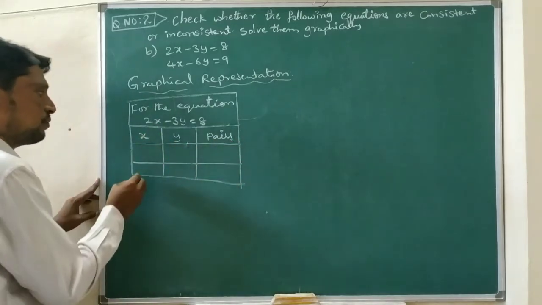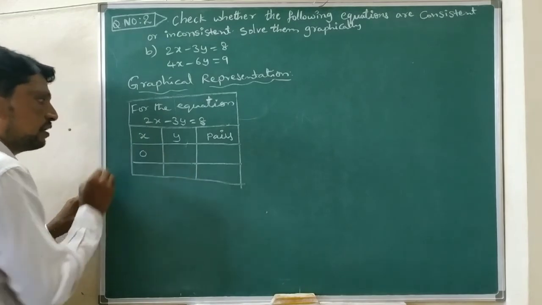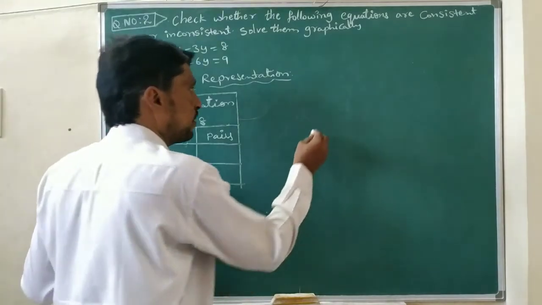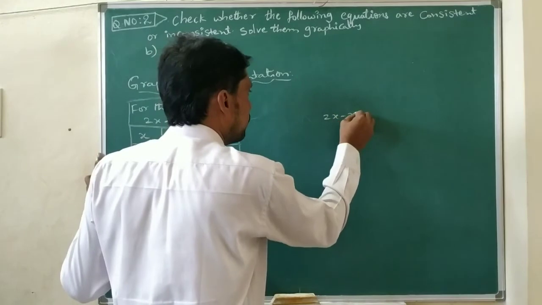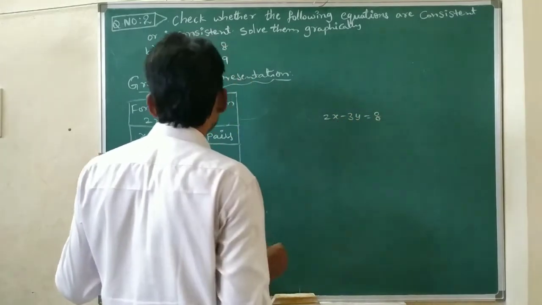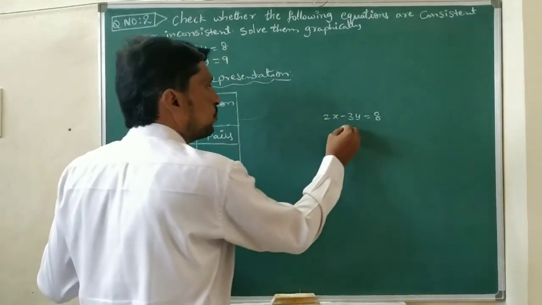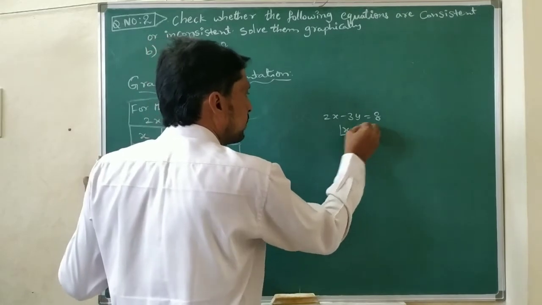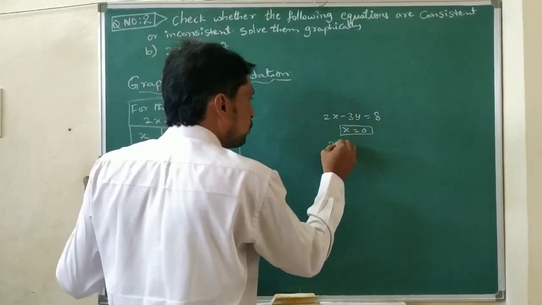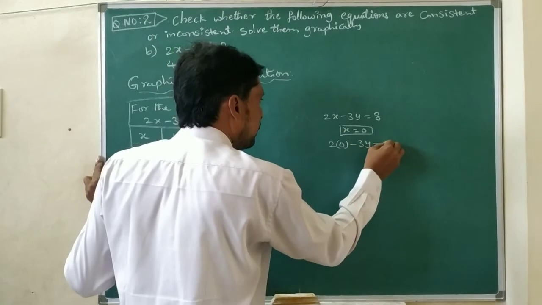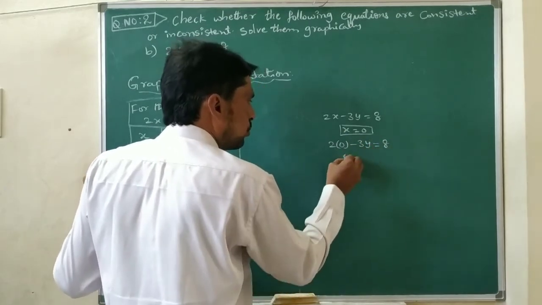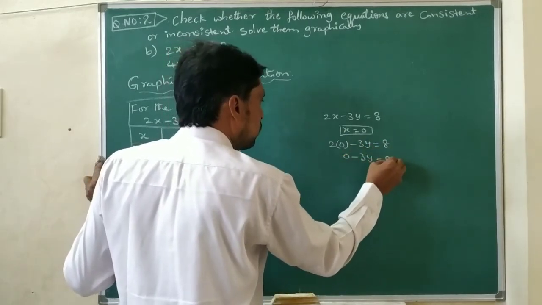For the first equation I am taking x value 0. If x is 0, then 2 into 0 minus 3 into y equal to 8. 2 into 0 is 0, so minus 3y equal to 8.